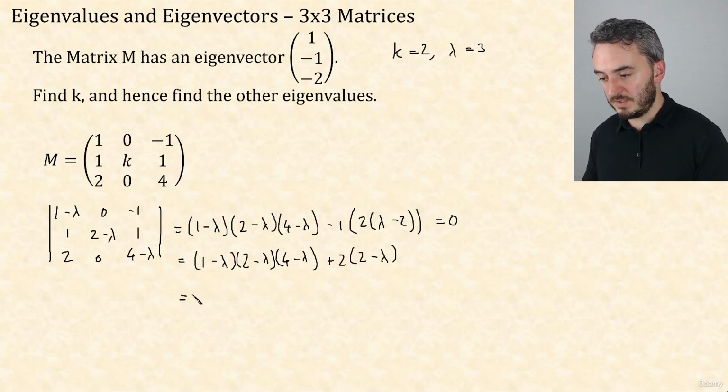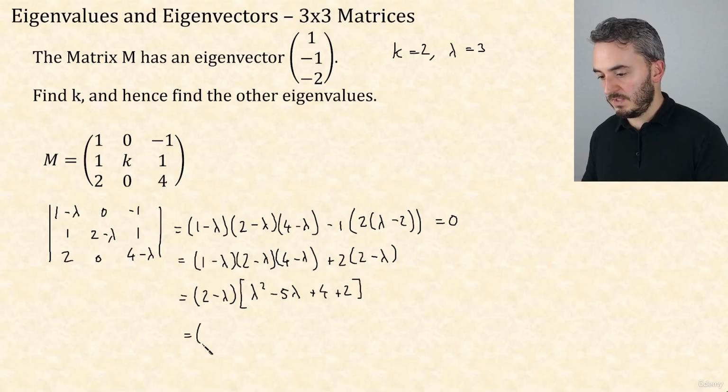Now I can pull out the 2 minus lambda that's in both. So this one actually wasn't so bad, was it? Giving me lambda squared minus 5 lambda plus 4 plus 2, and this one factorizes as well, and that's just lambda minus 2 and lambda minus 3.